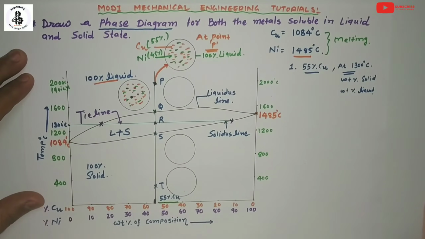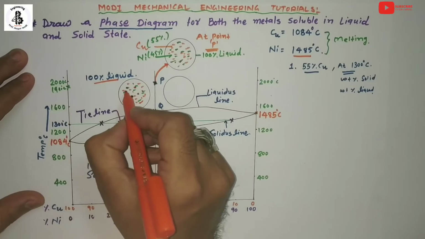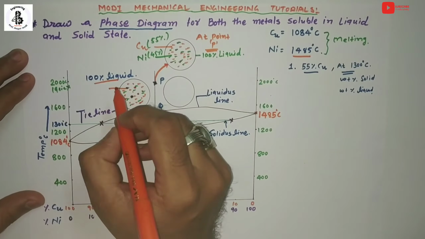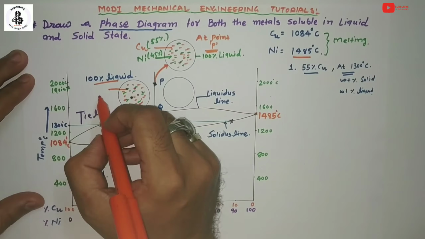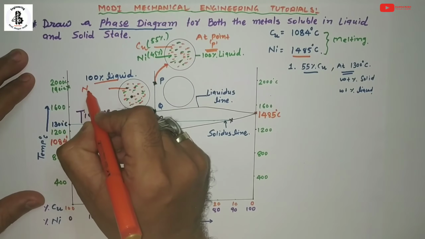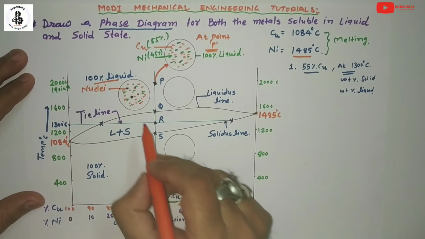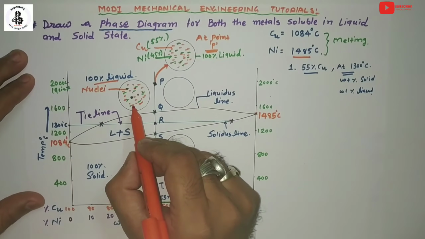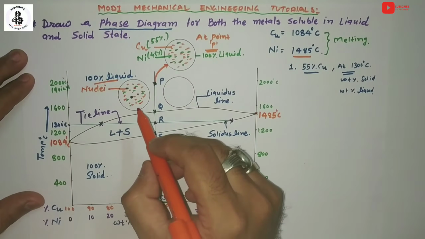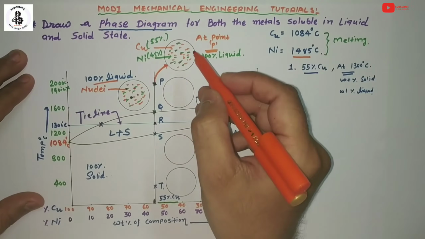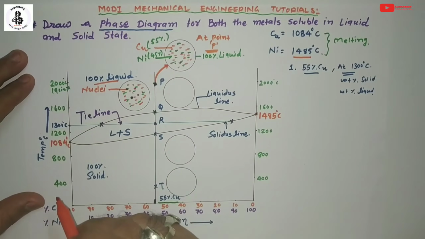Just you can see these copper parts making tiny solid particles, or in technical language, the formation of nuclei. That will be the starting point of the solidification process. Whichever metal is in the majority will start the solidification process.